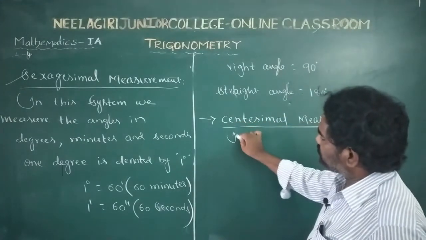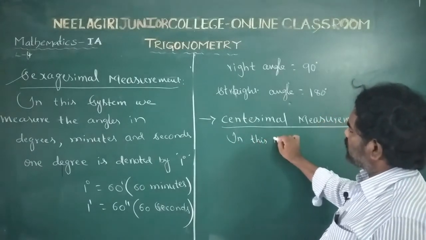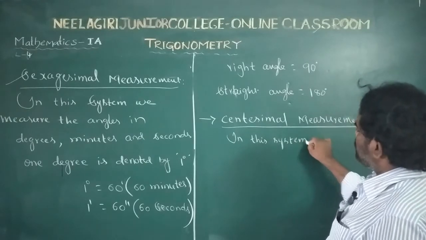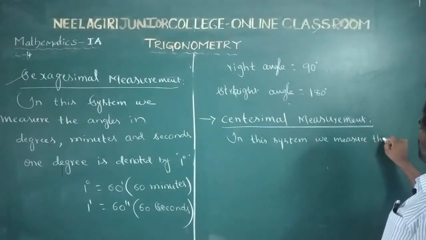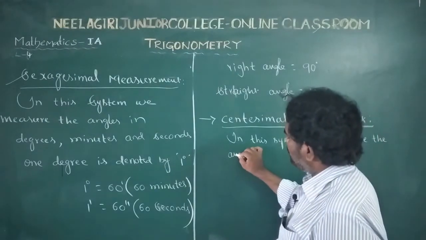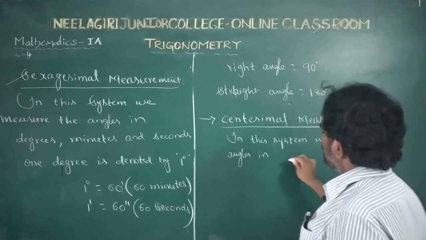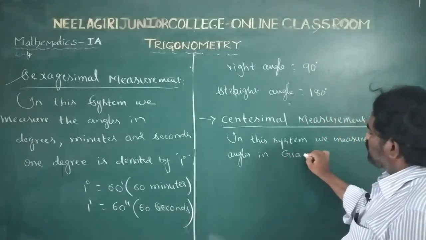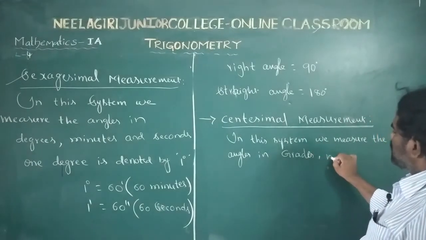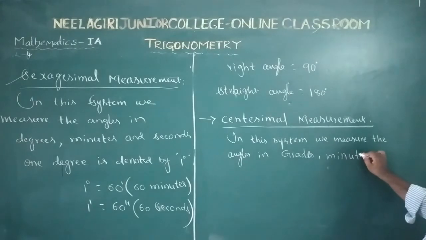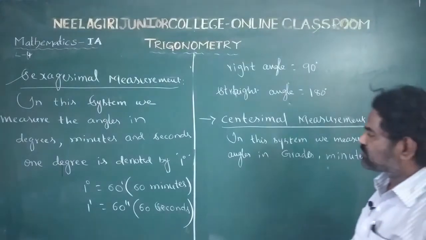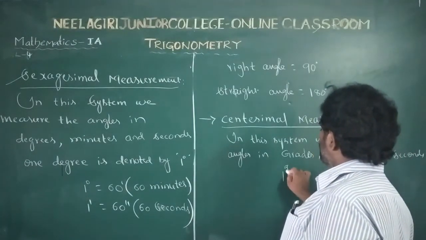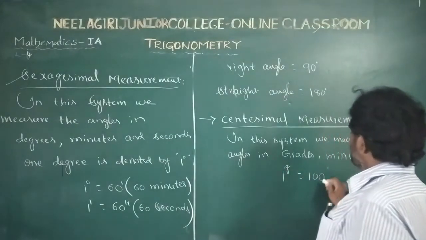In this system we measure the angles in grades, minutes and seconds. 1 grade equals 100 minutes.